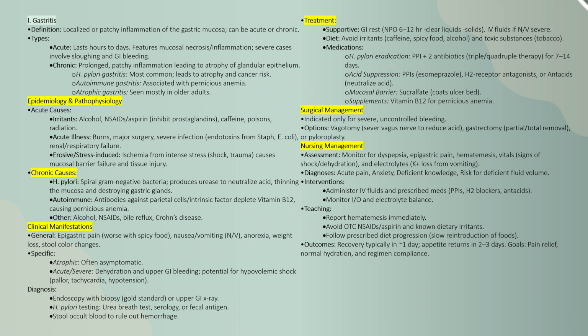So the treatment: supportive care, relieving symptoms and removing the cause. GI rest, NPO, nothing by mouth, for 6 to 12 hours, followed by a gradual reintroduction of liquids and then solid foods.